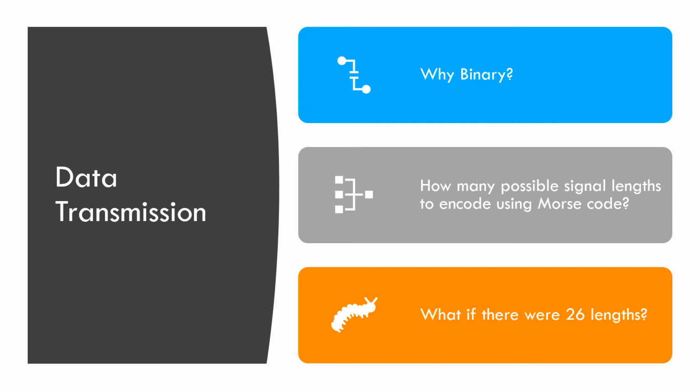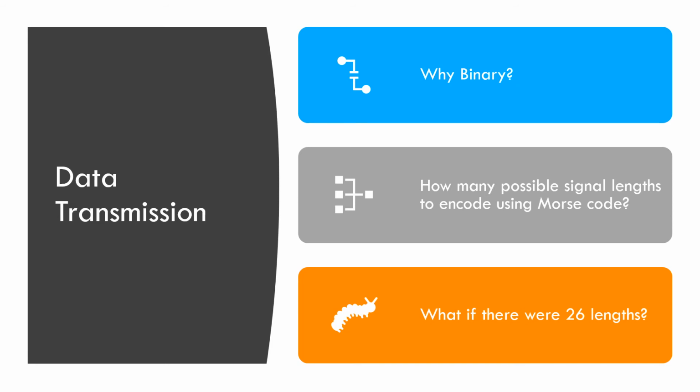Now, one could ask, why transmit in binary? Think back to the Morse code example. How many possible signal lengths were there? Two, a dot and a dash. Why were there only two? What would have happened if there were 26 lengths, one for each letter of the alphabet? Then we would only need to send one signal for each letter, right?